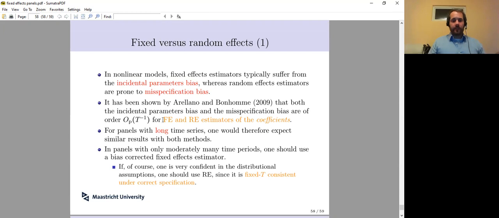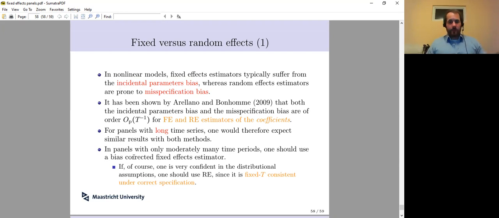Then it turns out that the fixed effects estimator and the random effects estimator have a bias of order 1 over t, the first because of the incidental parameters problem, and the second because of misspecification. So when you have a very long panel data set, let's say with 30 time periods, it doesn't matter so much whether you use fixed effects or random effects, because you have enough signal to estimate the alphas with both approaches. Everything is fine.